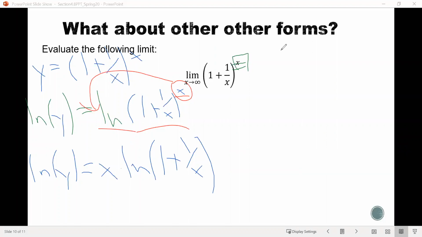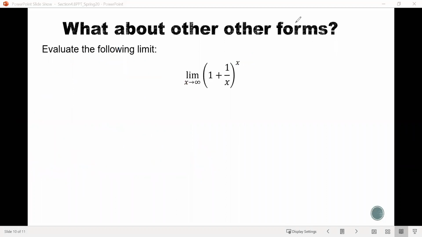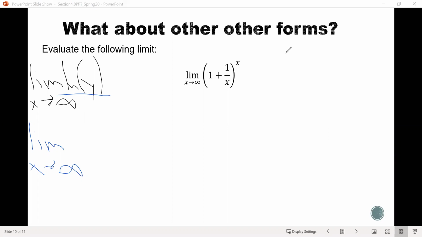So here's what we're going to do. Clear all this. So we're going to evaluate a different limit to start right now. So we're going to look at the limit as x goes to infinity of ln of y, that thing we were just looking at. But we just saw from how we chose what y was that this is the same as the limit as x goes to infinity of x times ln of 1 plus 1 over x.